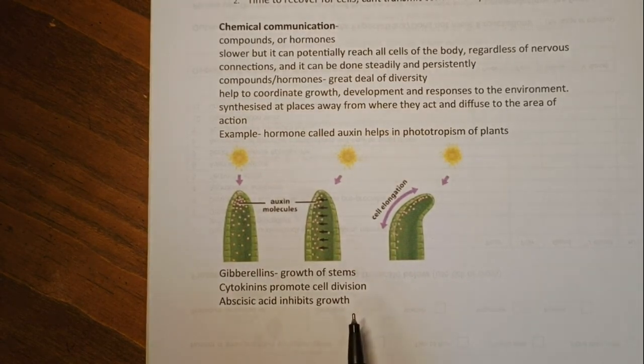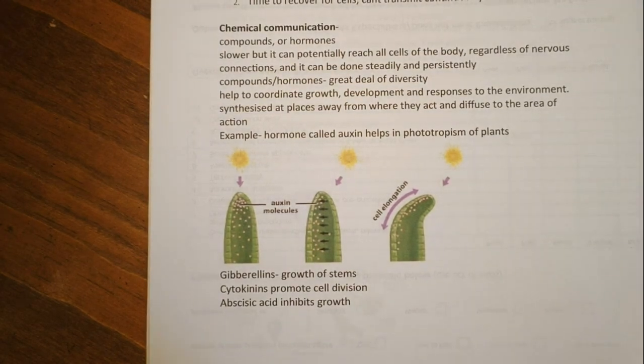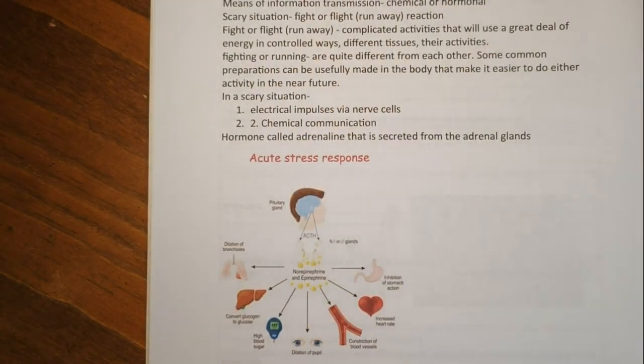So when the time comes when the plant growth should be stopped in certain areas, abscisic acid will be secreted and that will inhibit the growth, and it will affect the leaves, and there will be a wilting of the leaves in that area, and that is because of the effect of abscisic acid. So these are different hormone examples in plants.